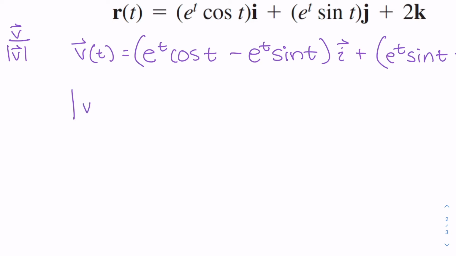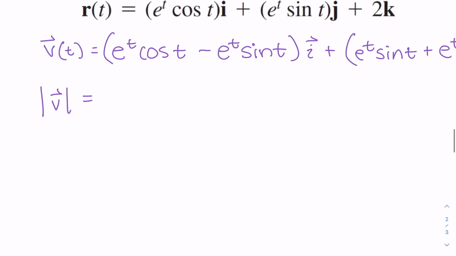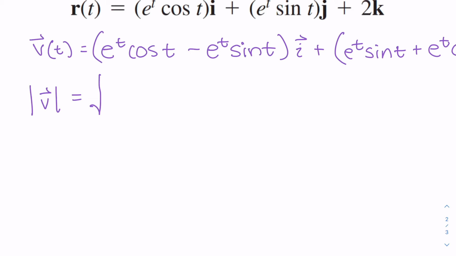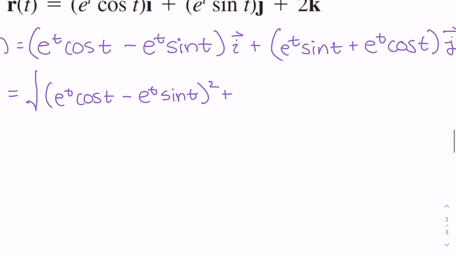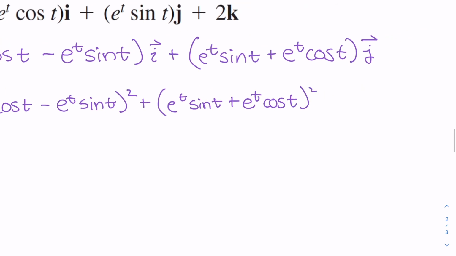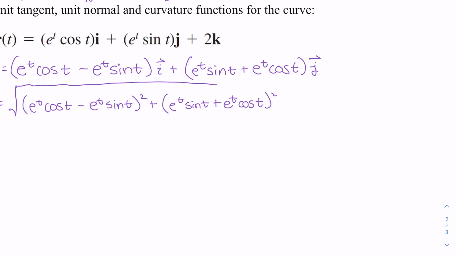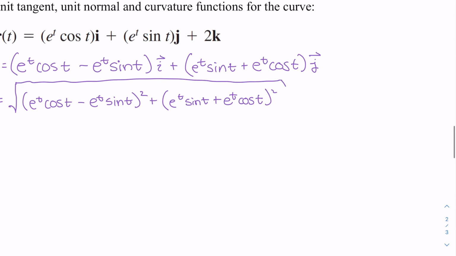So the magnitude of v is going to be equal to the square root of e to the t cosine t minus e to the t sine t squared plus this term, all of that squared, and now we can expand this. And what does that come out to be? So let me pull out the e to the t factors from each one.